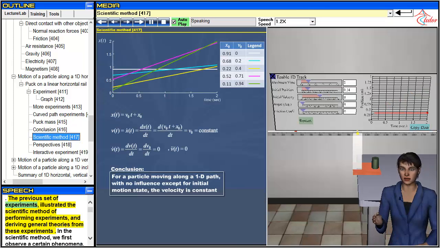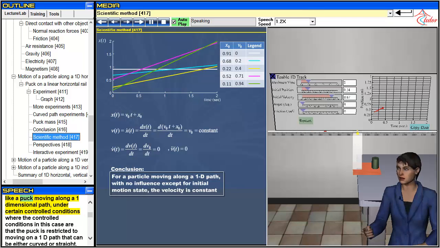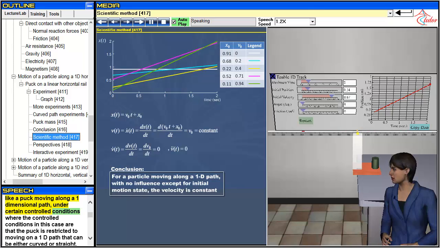The previous set of experiments illustrated the scientific method of performing experiments and deriving general theories from these experiments. In the scientific method, we first observe a certain phenomena, like a puck moving along a one-dimensional path, under certain controlled conditions.